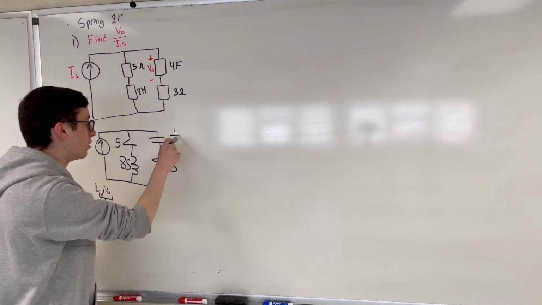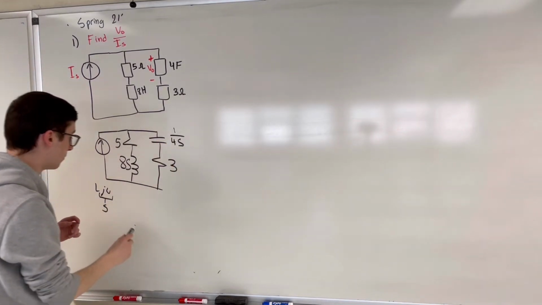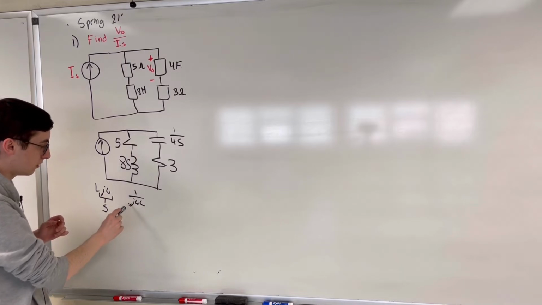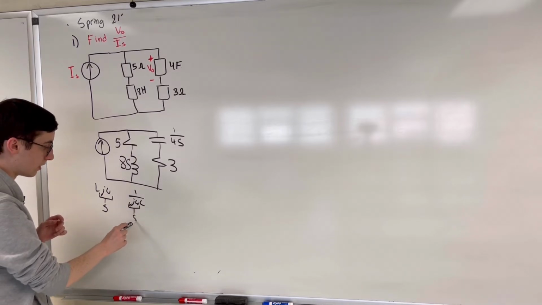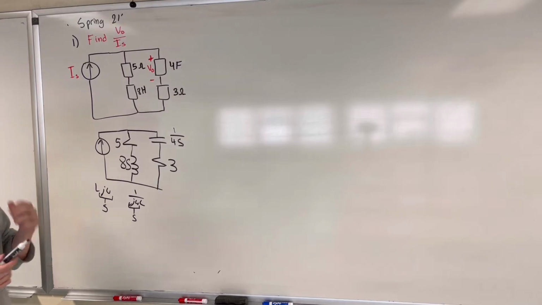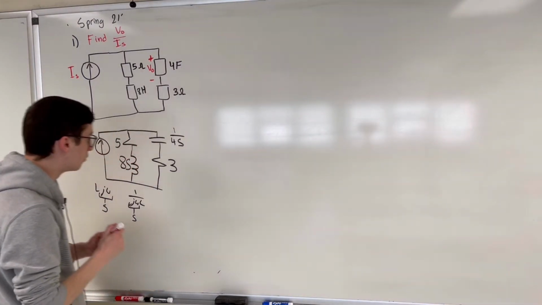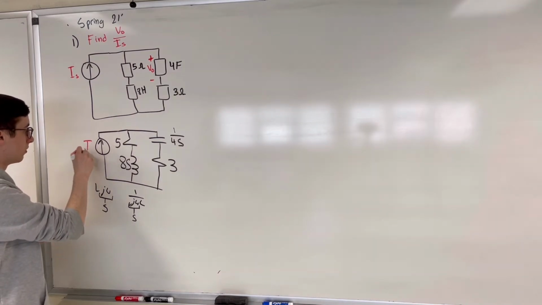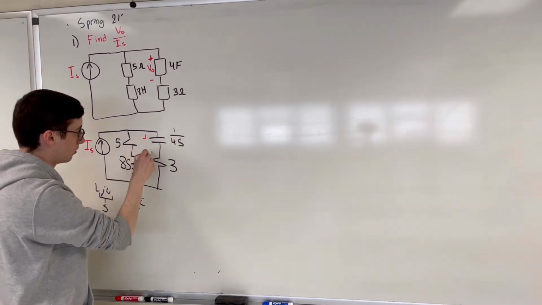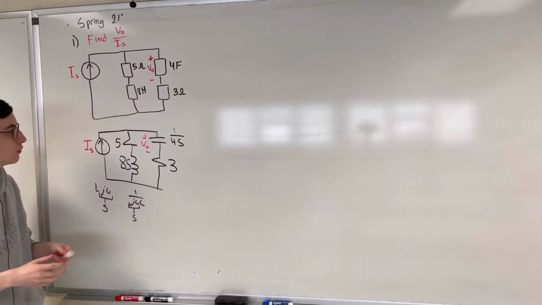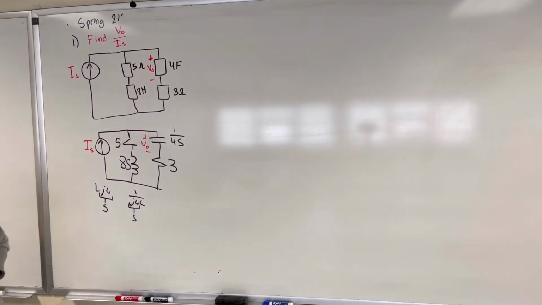This is going to be 1 over 4S because the capacitor is 1 over J omega C. Now with that, we have our circuit redrawn. We can now start solving for VO over IS.